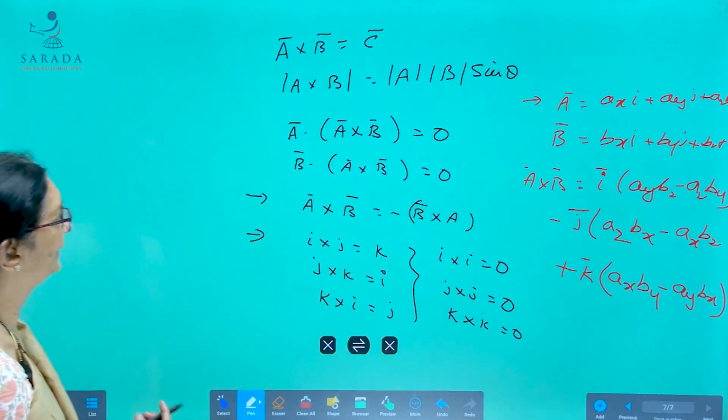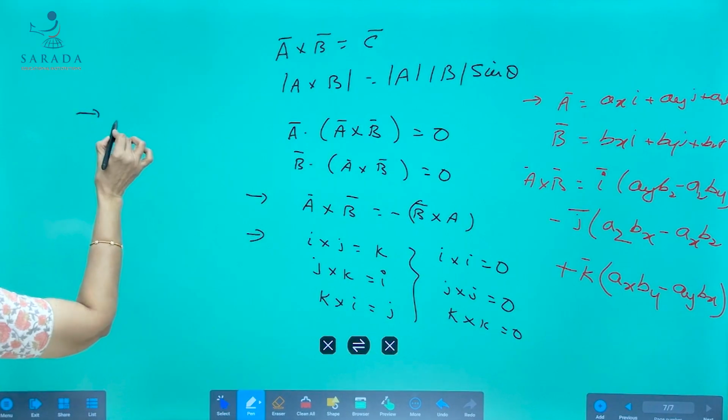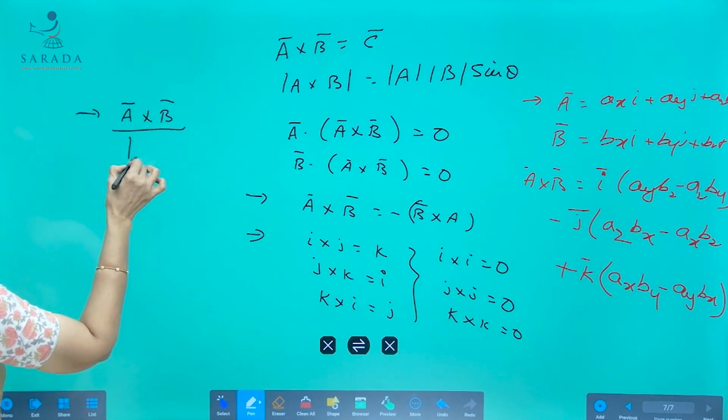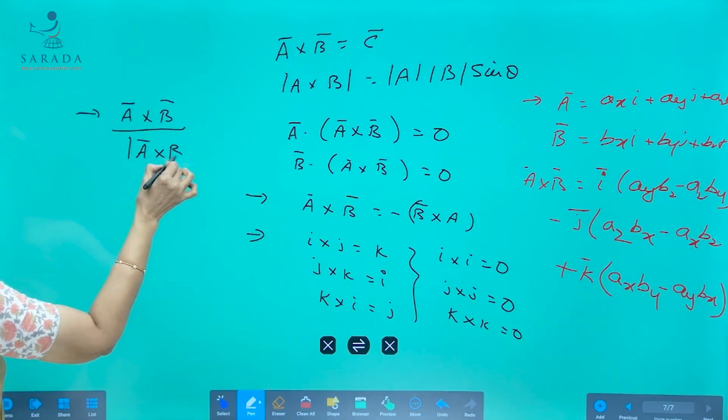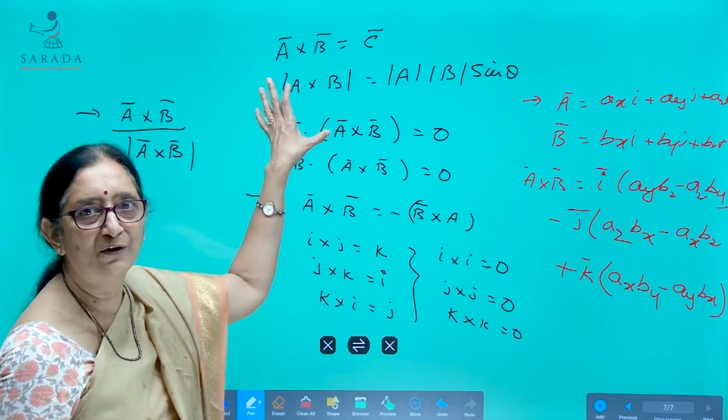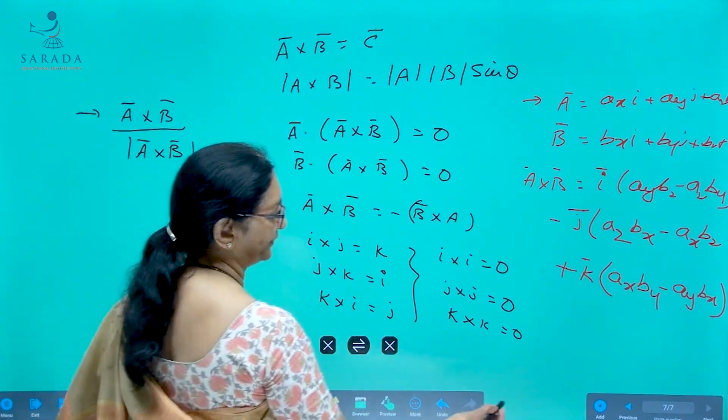And the last point we learnt about is the unit vector perpendicular to both a bar and b bar is a cross b by modulus of a cross b. Okay, those are the points we have learned so far in the vector product of two vectors.